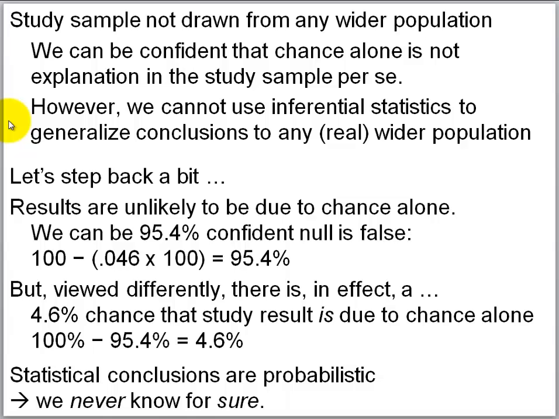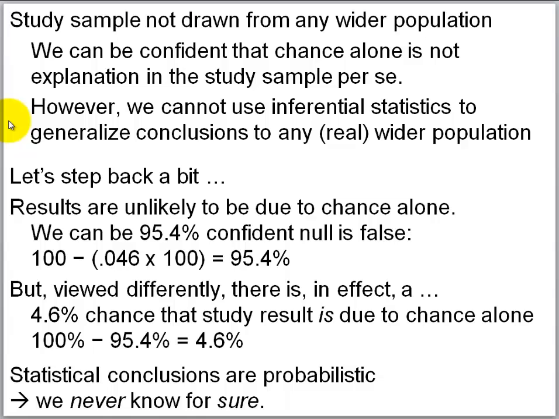But we can't statistically generalize to a population of real people and say that the intervention would make a difference for this real wider population. That's because there is no such population.